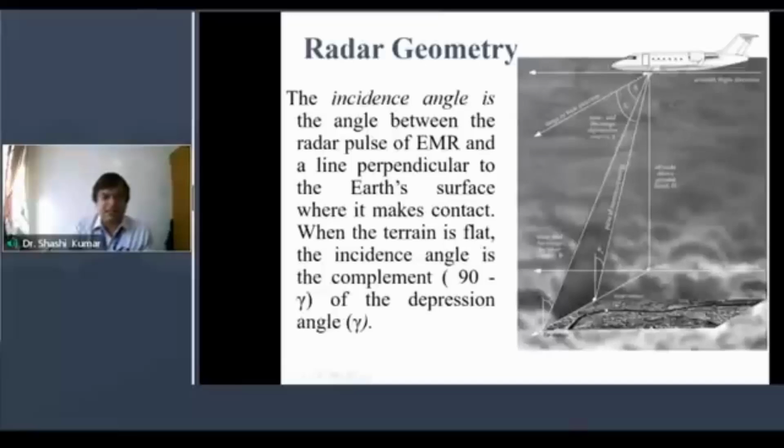The scattered portion which is returning towards the sensor is known as the back scattered signal. So the amount of electromagnetic wave energy which is returned towards the sensor after the scattering is known as back scattered energy. There are several other geometric parameters which are given, but we are not going into very much detail.